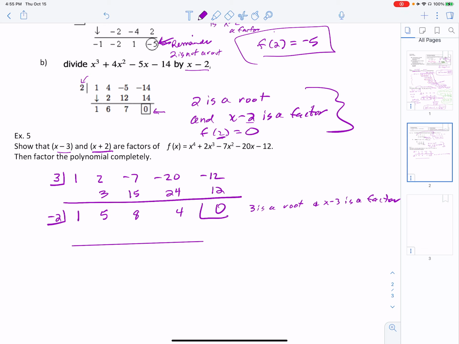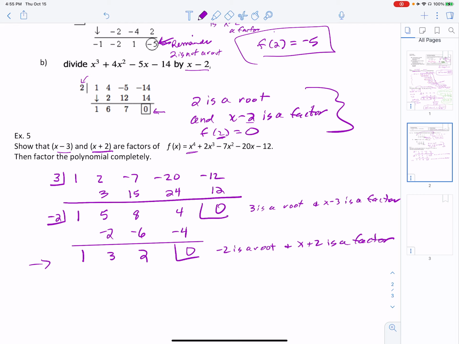And I can just continue, bring down your 1, multiply by -2, add, -2 times 3 is -6, add, -2 times 2 is -4, and add, and I get 0 again. That means -2 is a root, and x plus 2 is a factor. And then these are coefficients of a polynomial of 2 degrees less than what we started with, because we've done that synthetic division twice.